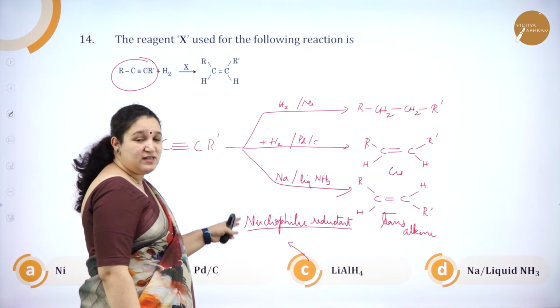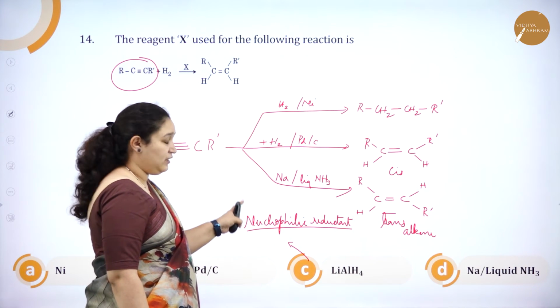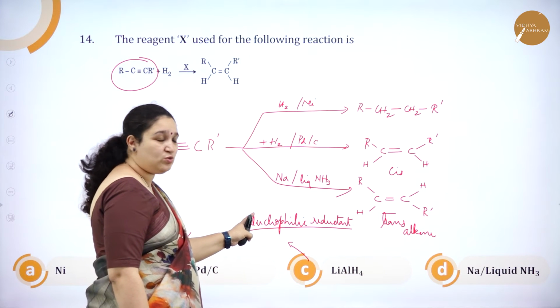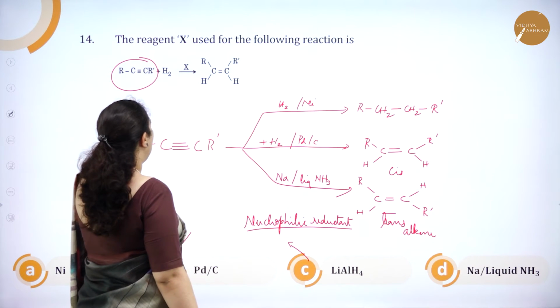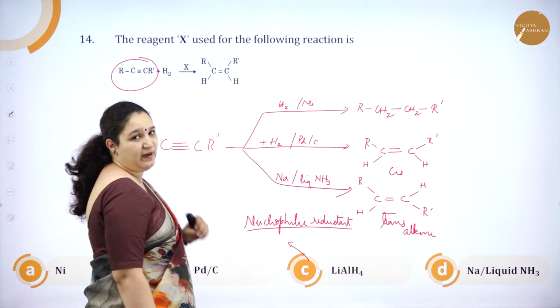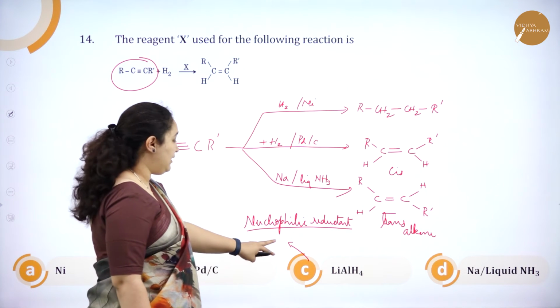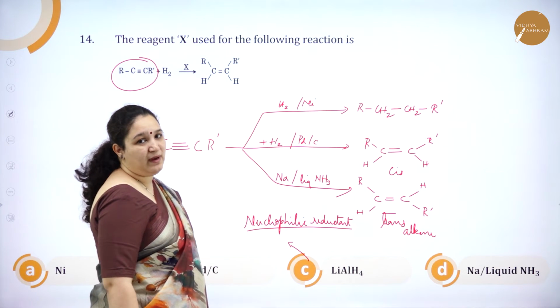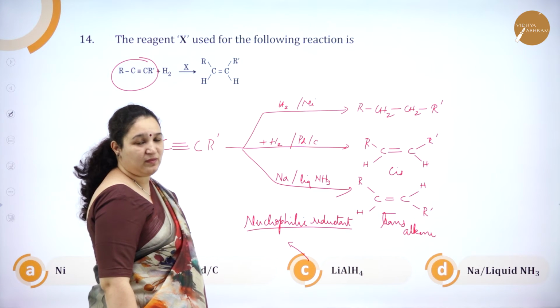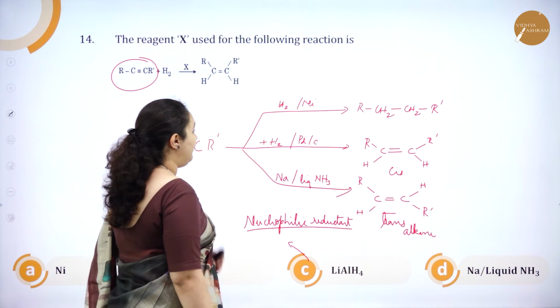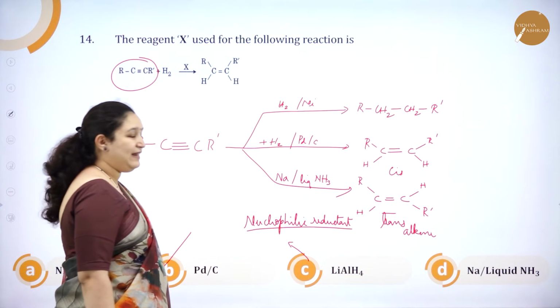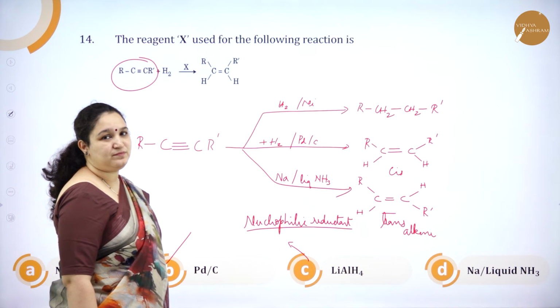Lithium aluminum hydride likes to go towards an electrophile, but this is not an electrophile. That is the reason you cannot use lithium aluminum hydride for reduction. So, you have the answer as palladium with carbon.